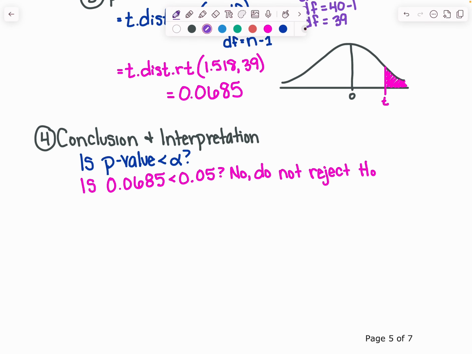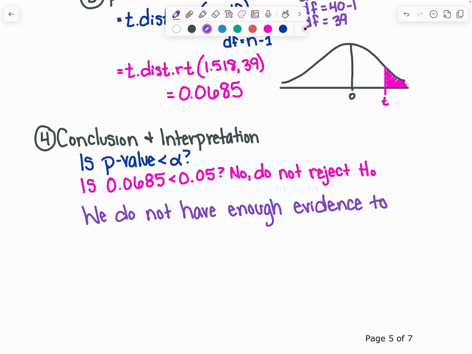And then our interpretation says we do not have enough evidence to support the claim that the mean, how did they word this?